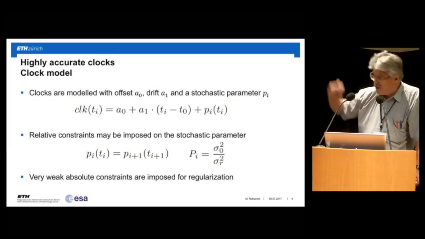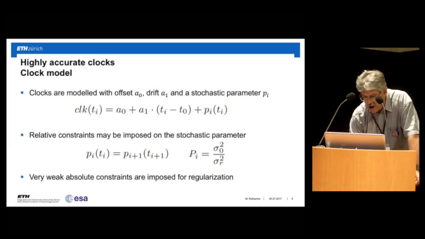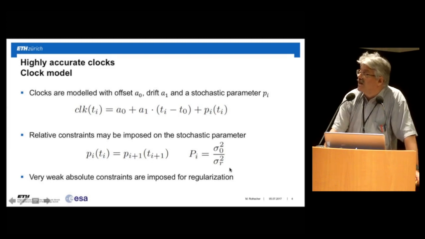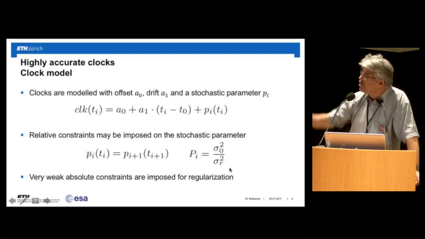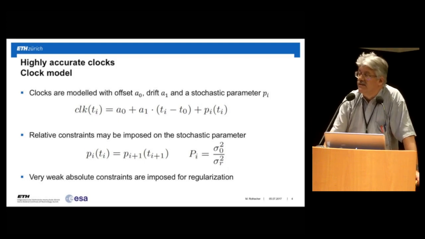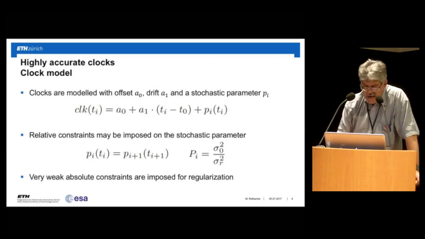And the most important parameter there is sigma R, which is, so to say, the sigma of the clock. We also put a very weak absolute constraint because we need this to make the system non-singular.